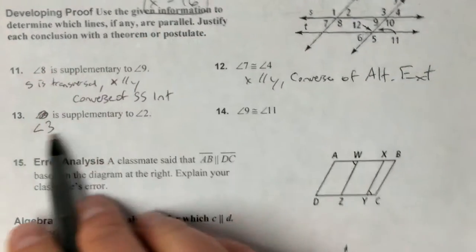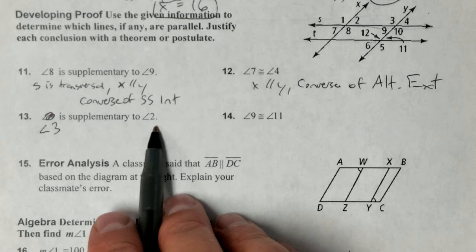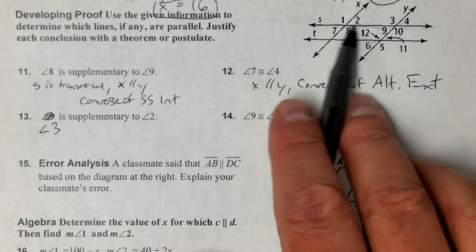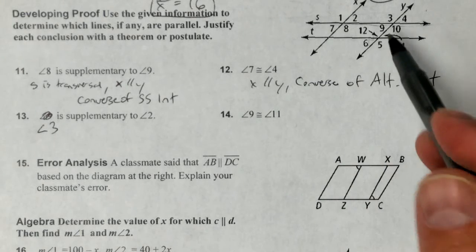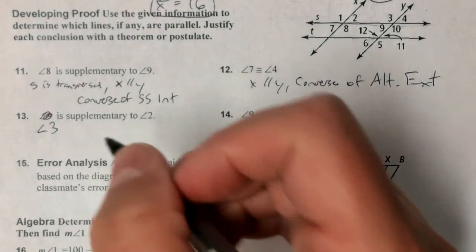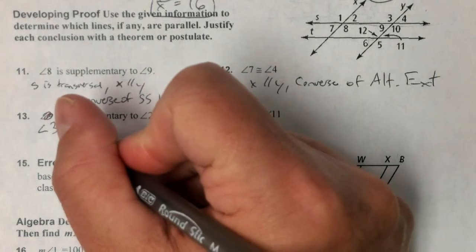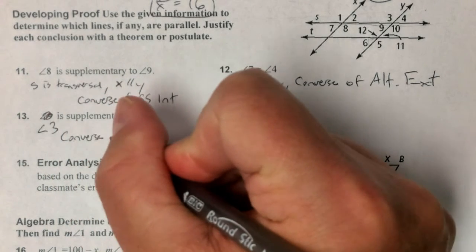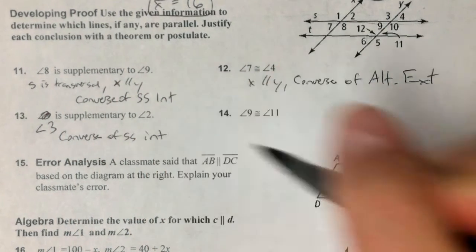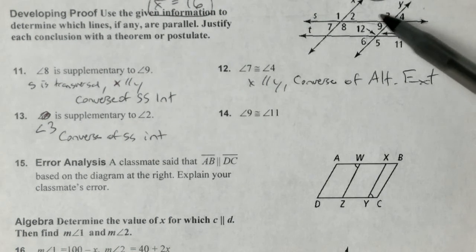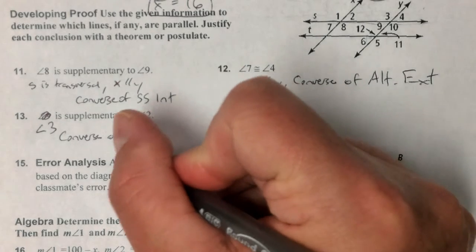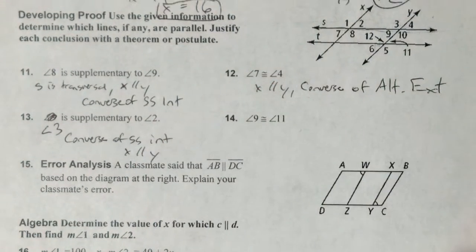So angle 3 is supplementary to 2. So because of 3 being supplementary to 2, that'd be same side interior. Converse of same side interior. And so X and Y would be the lines. X parallel to Y.